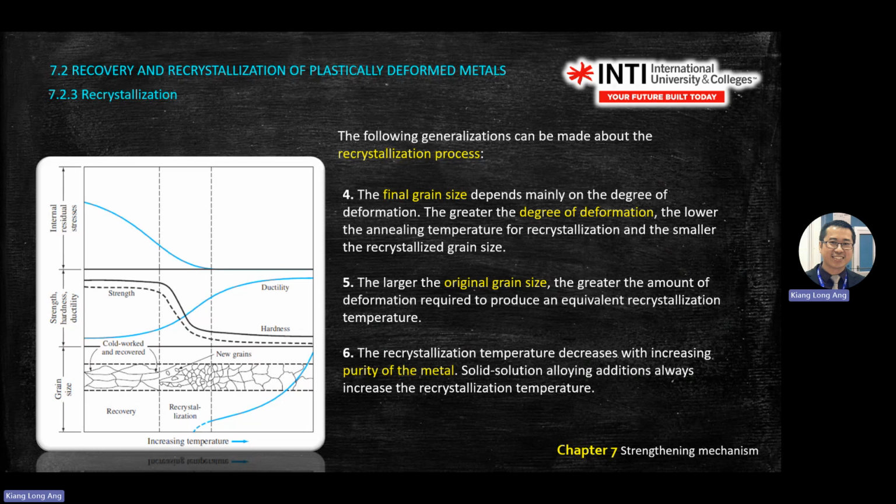Blue line only. Important is this one. You need to draw a line here. So this one, cold work and recovered. So this one you need to draw a grain, then point to that. As long as you draw something, or you can make a small dot, black color also can. Then you write new grain. Okay.